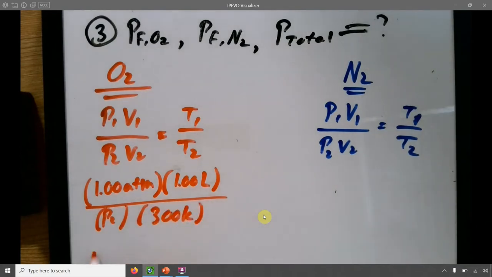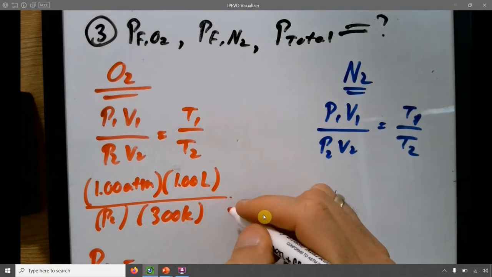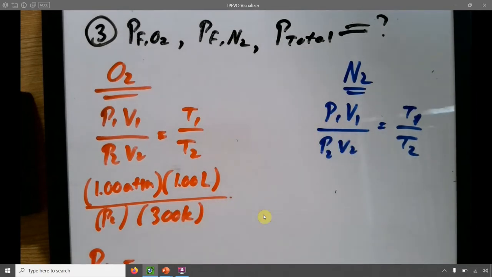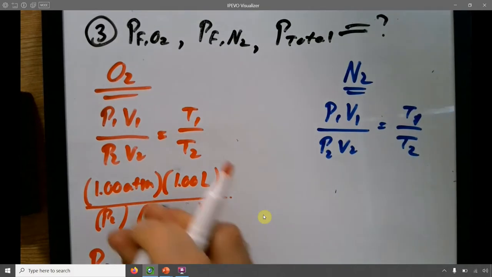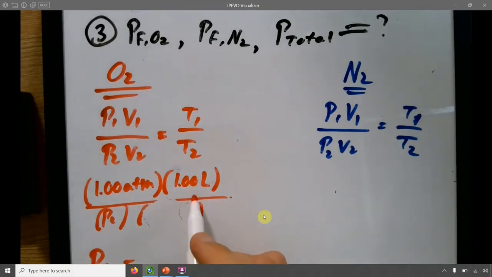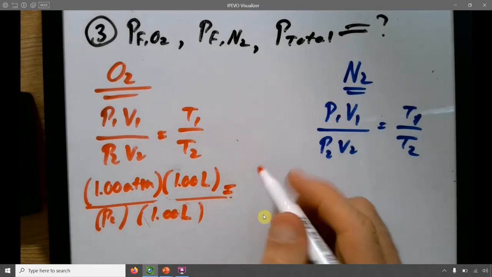And if I were to solve this right now, oops, I messed it up. I'm so sorry. The final volume here is 1 liter. I'm sorry about that. This thing is equal to T1 over T2.